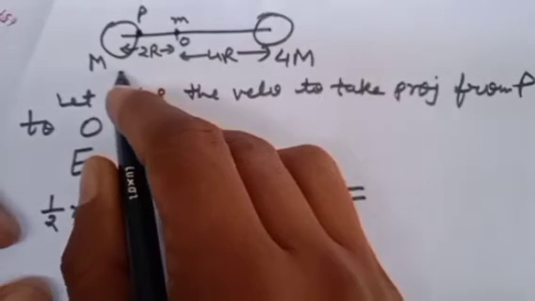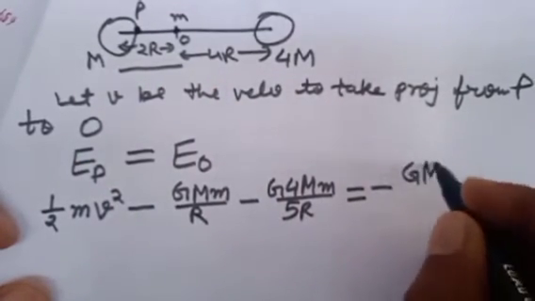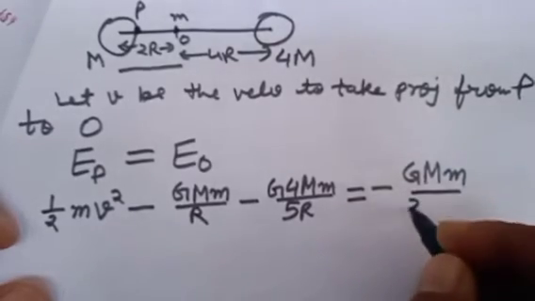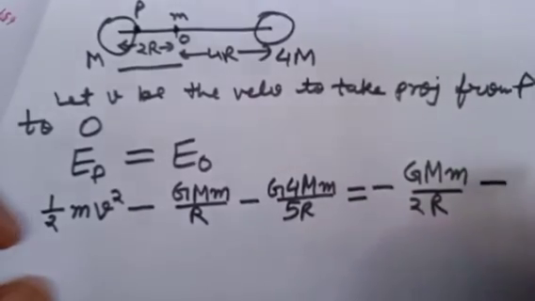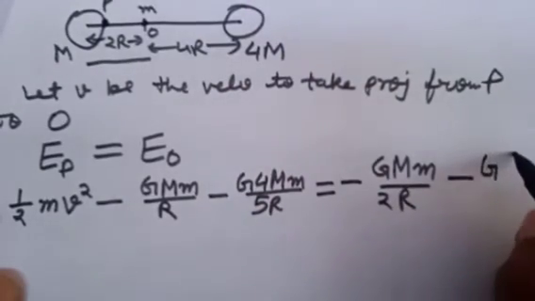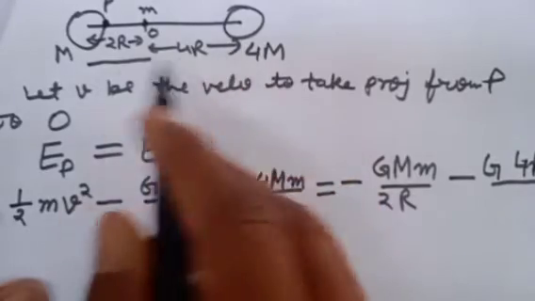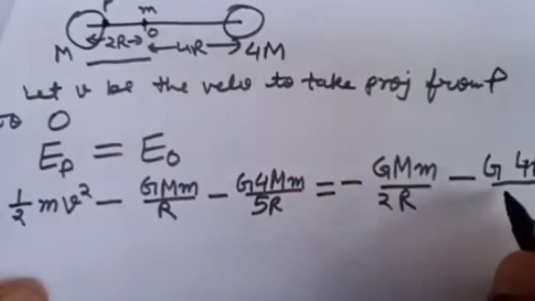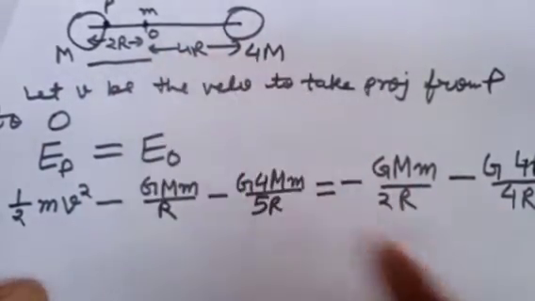So potential energy will be minus GMm upon 2r due to this, minus G 4m m upon 4r. 2r it has traveled, so 4r distance.